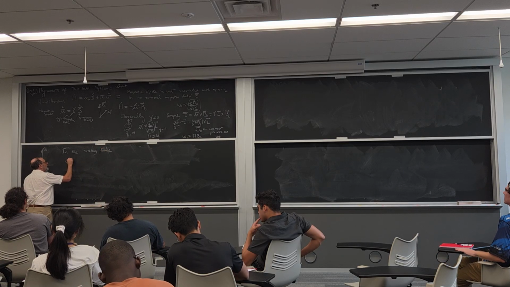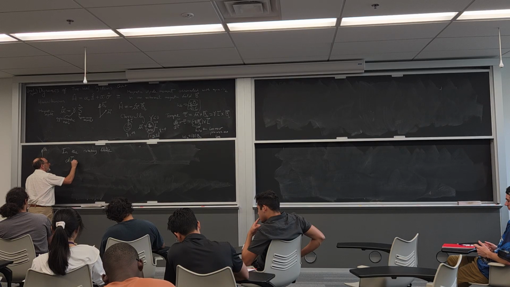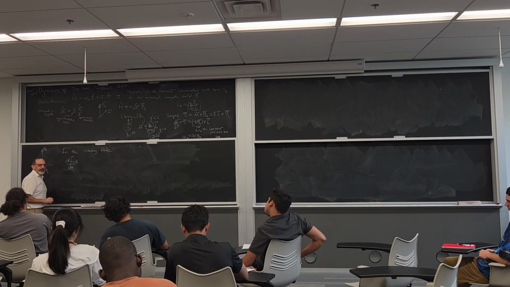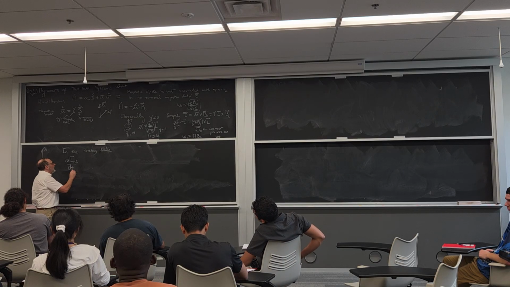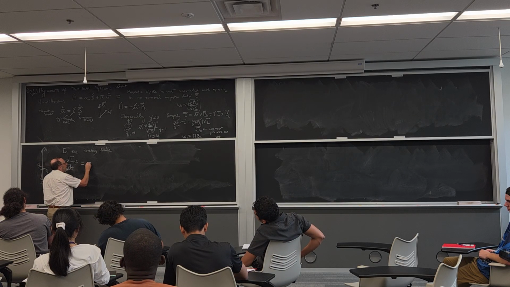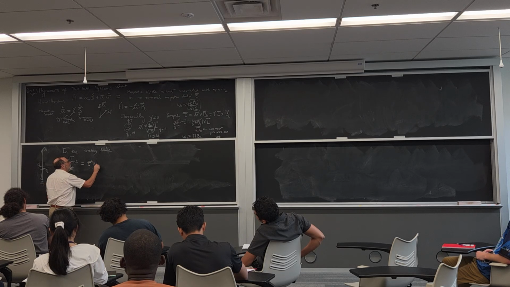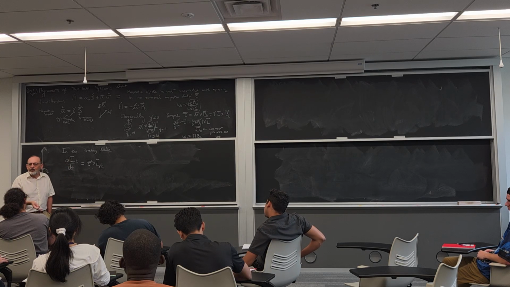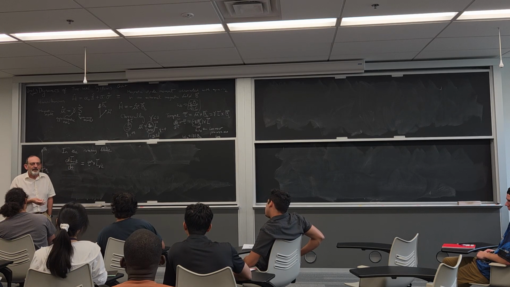I'll call it RF, the radio frequency rotating frame. In that frame, the equation of motion is the true torque on the system, but I have to add a Coriolis force, a fictitious force, because I'm in a rotating frame, which is a non-inertial reference frame.